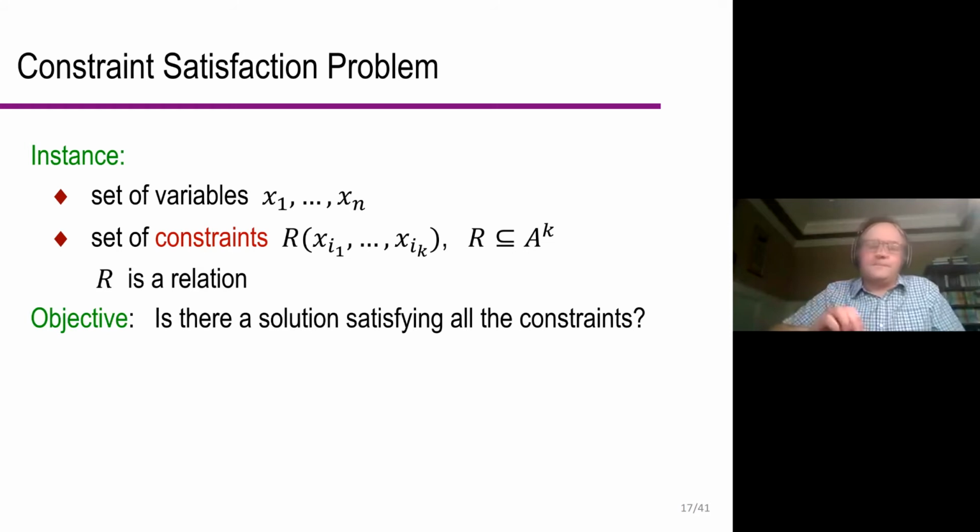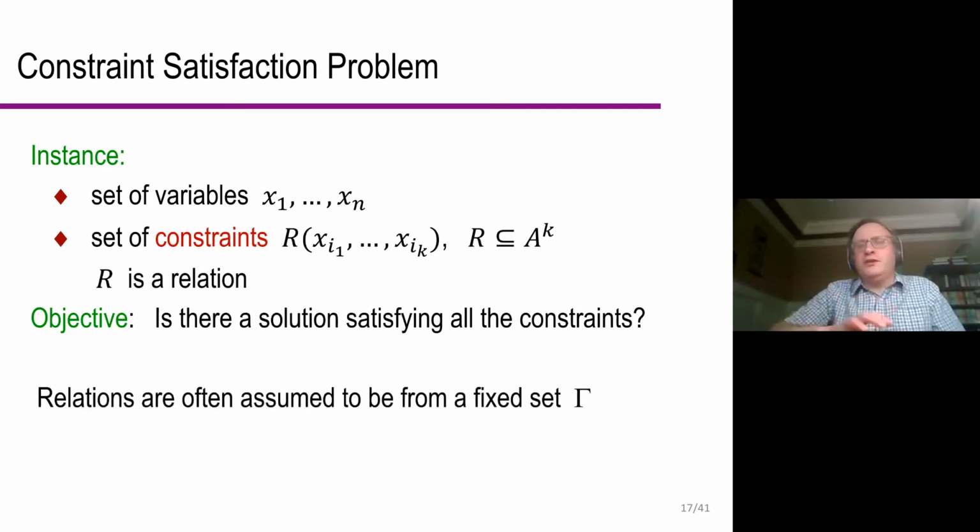Into this framework. What people do quite often, they say, okay, allowing just any constraints is probably meaningless because, well, they are too many. So what people usually do, they normally say that we are going to use only relations from a certain fixed set, which is called constraint language.